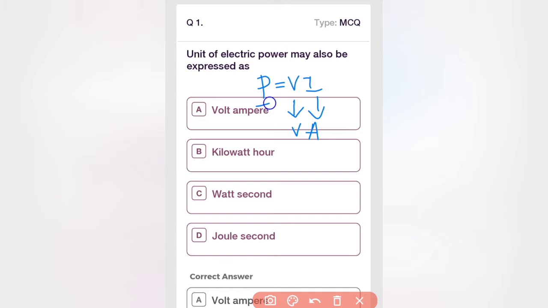So the unit for power can be volt ampere. Option A is the correct answer, whereas option B and C are units for energy. Option D is not the correct answer. So the correct answer would be volt ampere, option A.